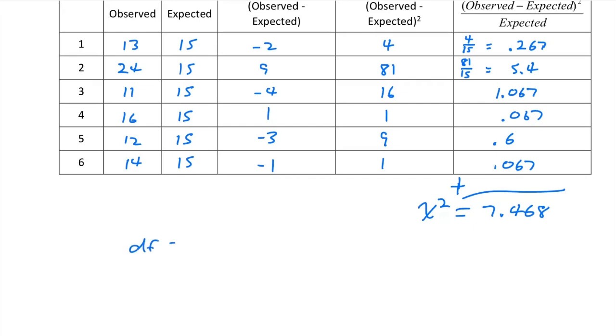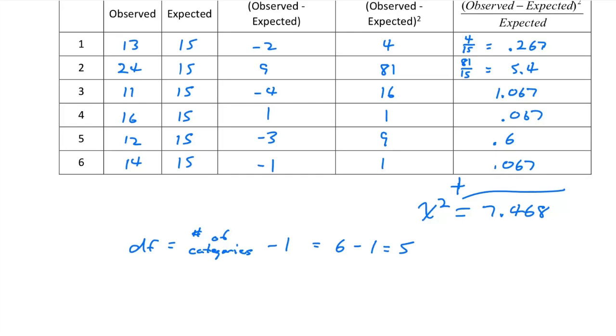In this case, remember DF in the past has been the sample size. In this case, DF is the number of categories minus 1. And by categories, we would just mean the 1, 2, 3, 4, 5, and 6, the outcomes that are possible. So in this case, we'll do 6 categories minus 1 gives us a DF of 5.